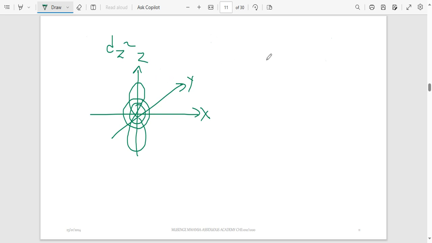And then the last one is dx squared minus y squared. For this one, look at what has been named here. It's x and y. Z has not been named. So the one that has not been named is the one which will just be alone.